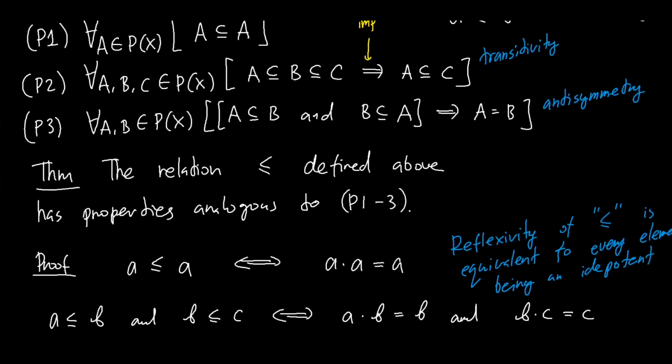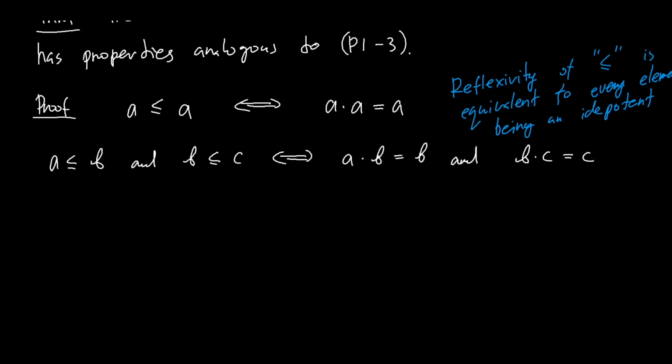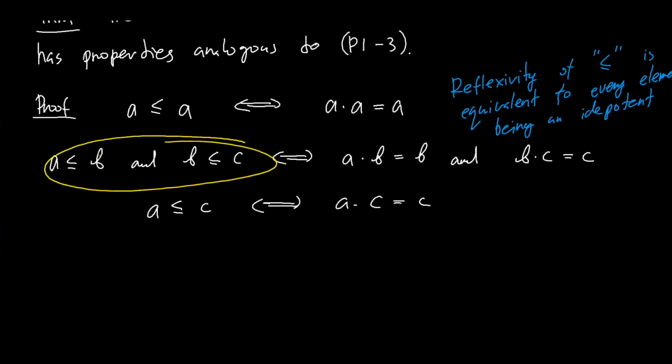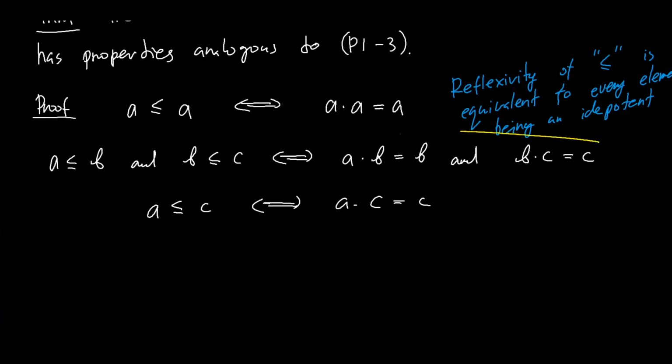We want to derive from this that A is less or equal to C. And let's expand what that means. For A to be less or equal to C, that's equivalent to A times C being equal to C. If I want to get from here to there, because of these equivalences, this reduces to getting from here to there. So now the question is, can I get from here to there?